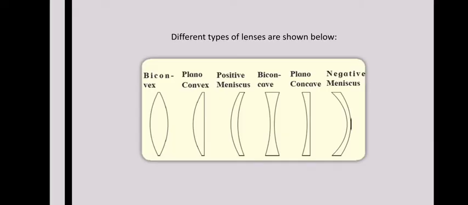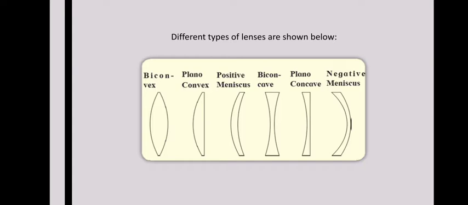See, these are different types of lenses. The first lens which you see is a biconvex, because on both sides it is puffed outwards. Then plano-convex: one side is plane, another side is convex. Then positive meniscus: both sides are puffed outwards.